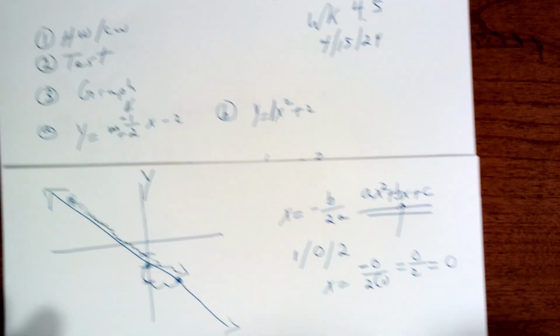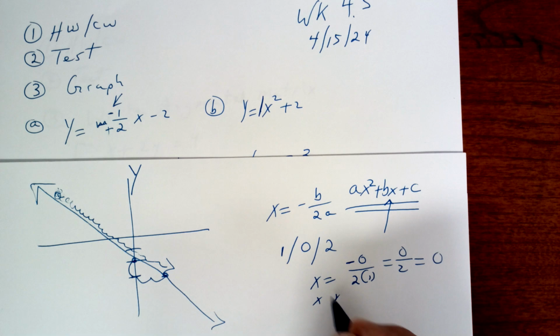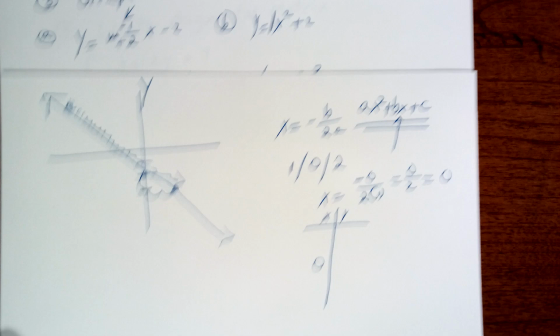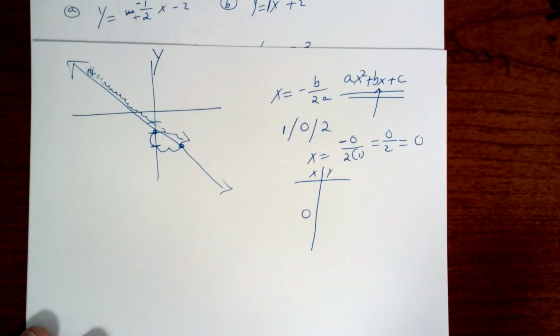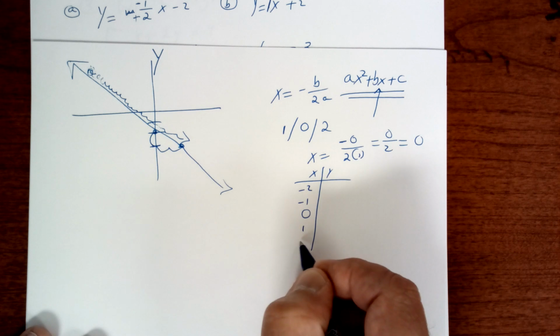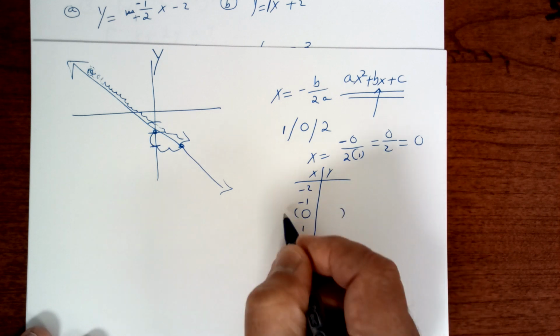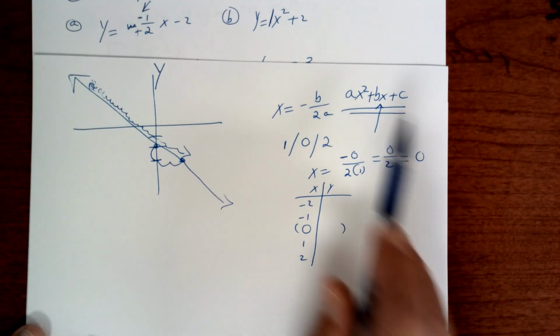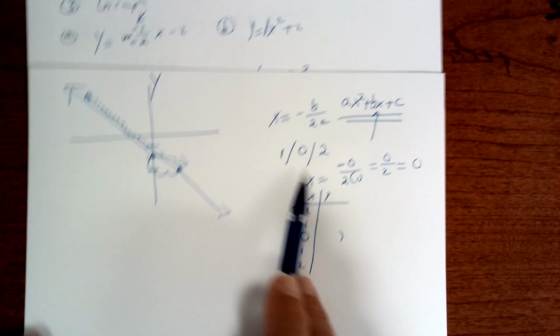So what you want to do when you make your table on this one is use the 0 in the middle. And then you want to go smaller. Okay, so you want to go -1 and -2, and then bigger. This should be your vertex here. Remember, this is a U shape. I'm going to put 0 in this formula. Well, 0, let's see where it's at, way up here.